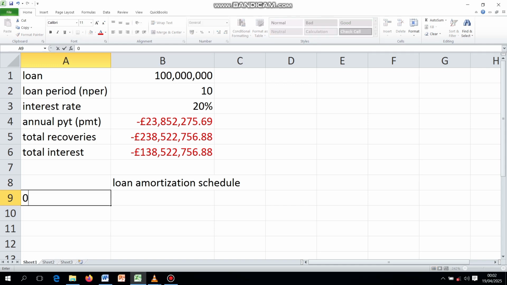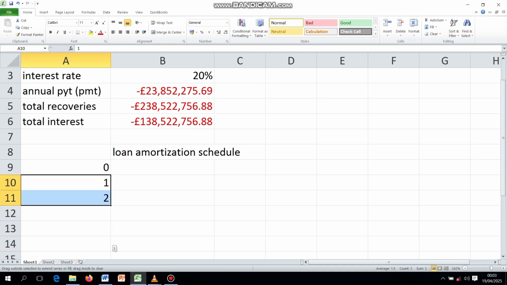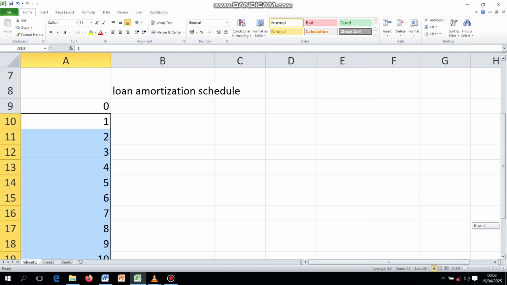It will be year 0. Then it will be followed by year 1, then year 2. I'm not going to write everything from up to down. As long as I'm having the first 2, I'm going to auto scroll up till I get the last one.